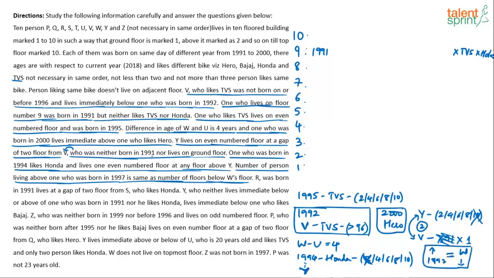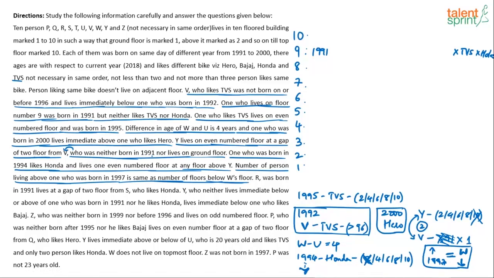This is my way of writing it; you can have your own notation. For me, the upward arrow means above 1997, the downward arrow means below W, and equal to means the number of floors above 97 is equal to the number of floors below W. That's my understanding, so that's how I've written it pictorially.